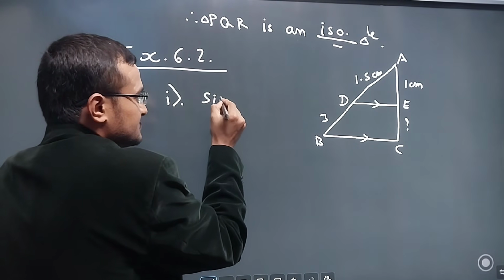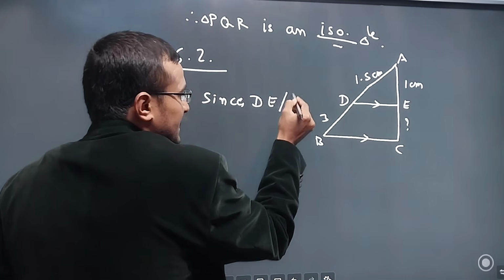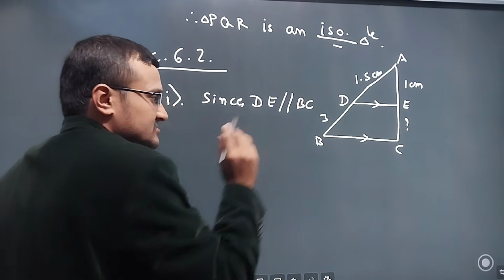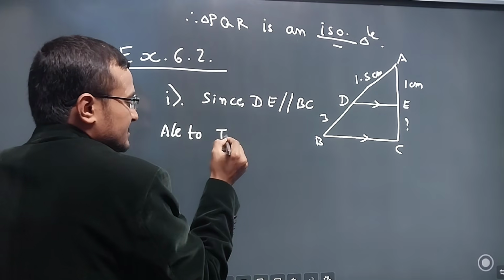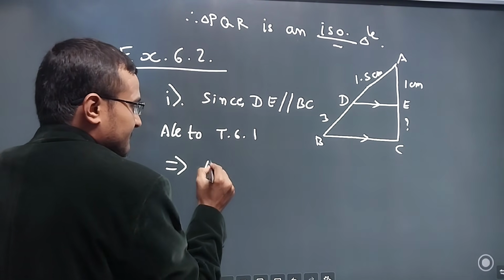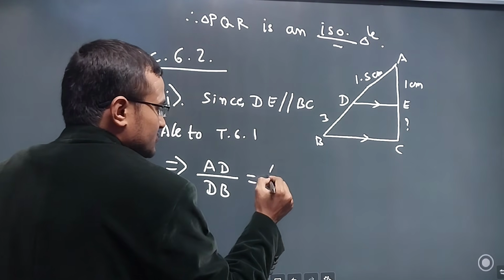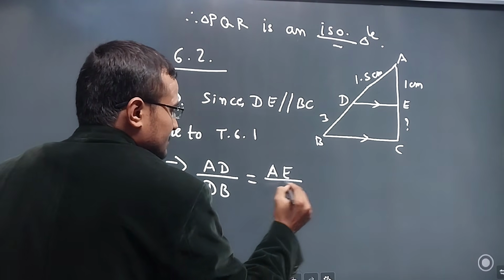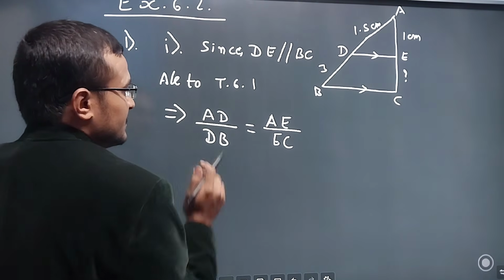Since DE is parallel to BC, according to theorem 6.1, we have AD by DB is equal to AE by EC. Now you can substitute all those values in this equation.